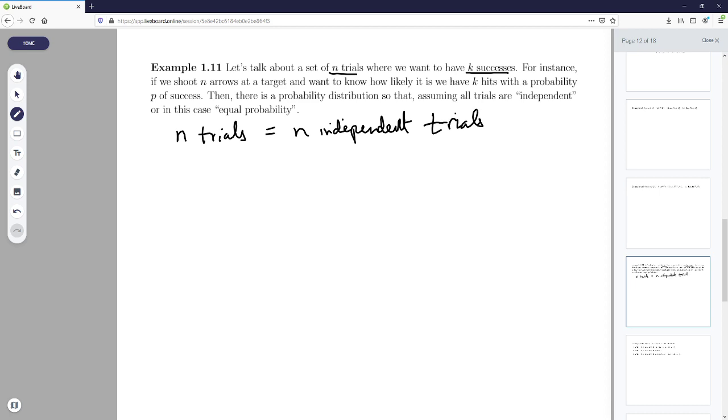By independent we mean that they don't interfere with each other, and we also mean that they have the same probability of success.